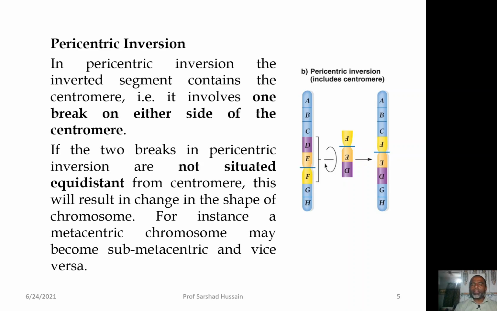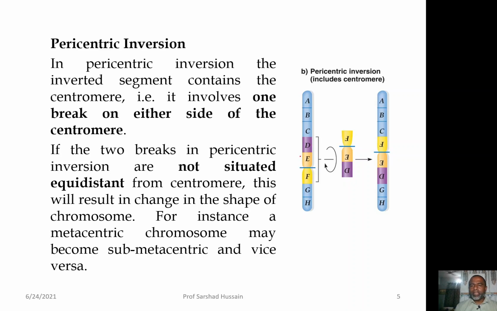Now, if the breaks on either side of the centromere do not take place at an equal distance, say for example, on this side the break is taking place after 2 genes, but on this side it is taking place only after 1 gene, it means this part of the chromosome next to the centromere is short and this part is long.